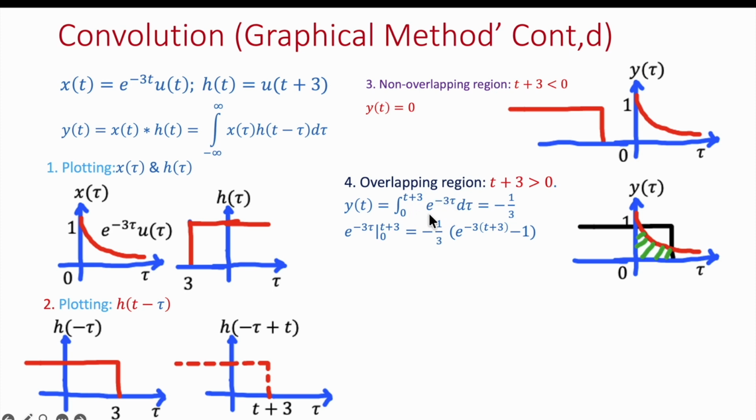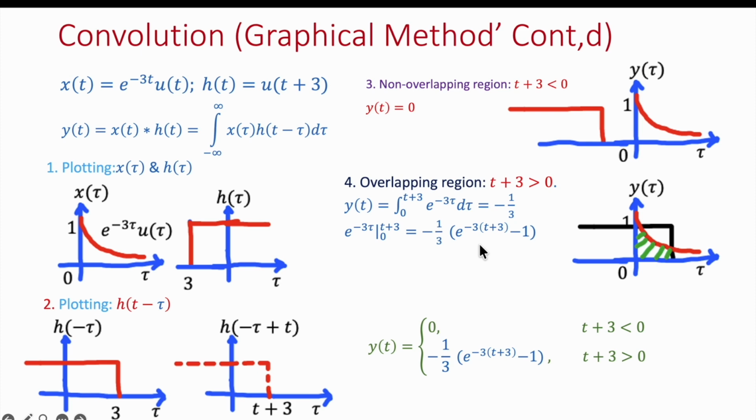And you know the integral of e raised to power minus 3 tau is equal to minus 1 by 3 e raised to power minus 3 tau, with limits from 0 to t plus 3. If you insert these limits, the answer will be minus 1 over 3 times e raised to power minus 3 times t plus 3, minus 1.